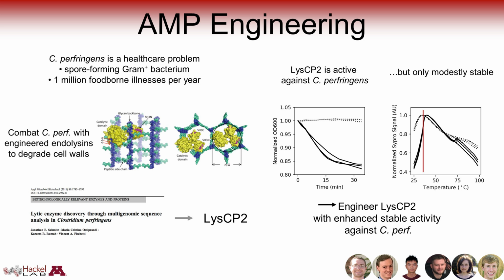And so we went to the literature, found a particular endolysin which seemed to have activity against C. perfringens, and then put our protein engineering tools to work on that. So Seth tested and found that this particular enzyme is indeed active against C. perfringens, but it's only modestly stable. That's not a good thing for use, but it's also not a good thing for attempts to engineer it to have better selectivity and or potency. So the aim here was to engineer it to be more stable and more active.